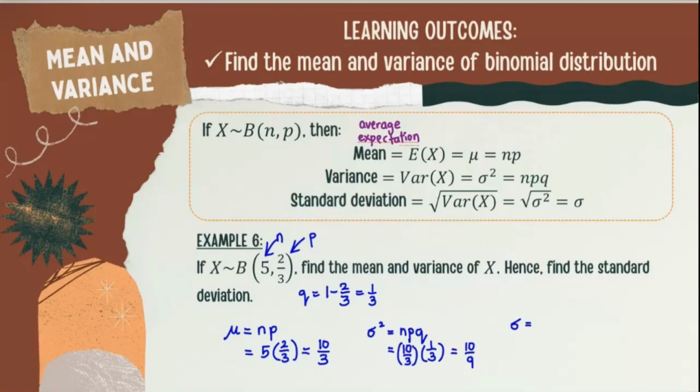It will be square root kepada sigma squared. So kat sini kita ada square root kepada 10/9. So dapatlah jawapan square root 10 over 3. So this will be our final answer. Okay, this one simple je kan? Yang penting tahu NP tu apa formula kepada mean and apa formula kepada variance.